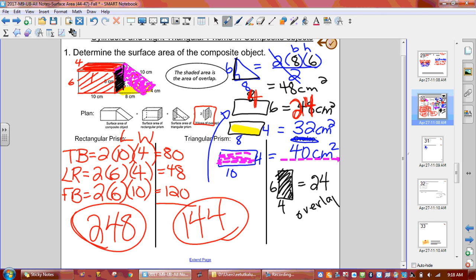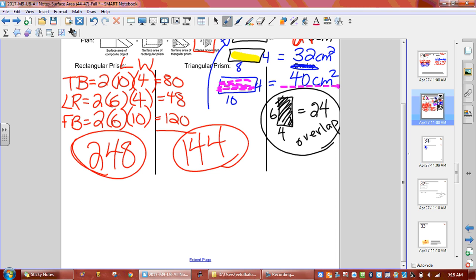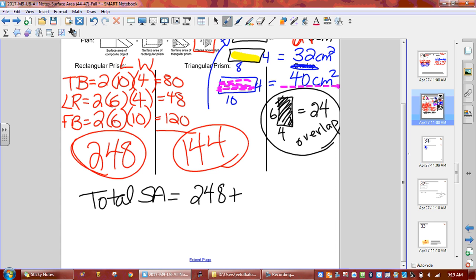So now our total surface area is object 1, 248, plus object 2, 144, subtract the double overlap. Now remember, the overlap is only times 1. We got to times it by 2. It's a double overlap. So that's going to be subtracting 48. Okay, that's our double overlap right there.